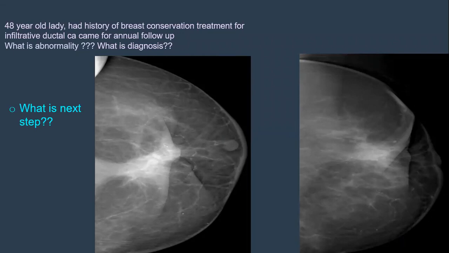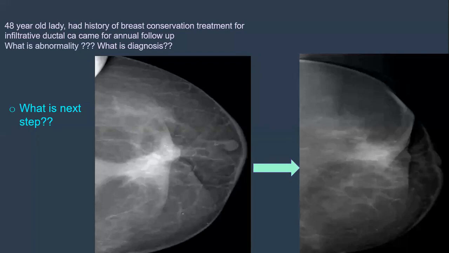Which one is the previous? At the left side. The left one is the previous image. You have to ask me which one is the current and which one is the previous. I did not say the previous on the left, but it's okay.